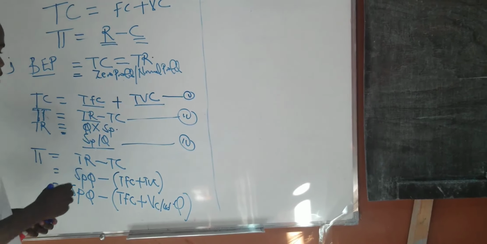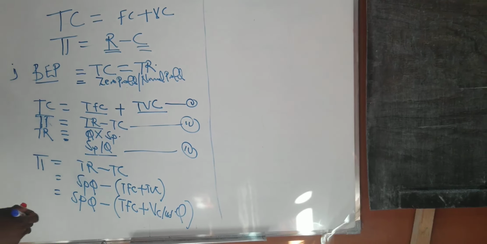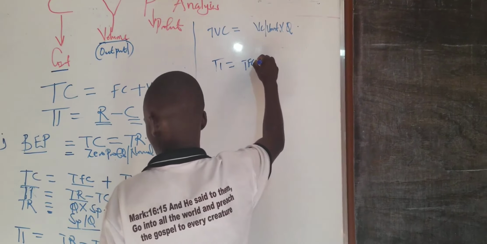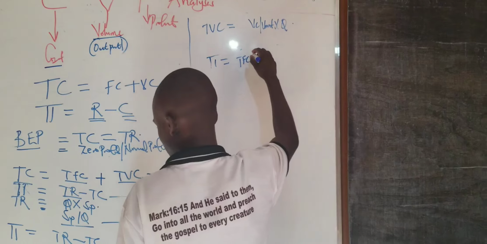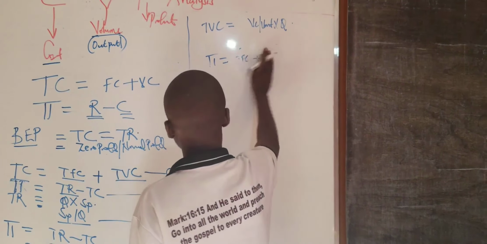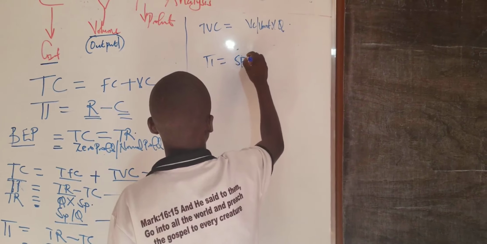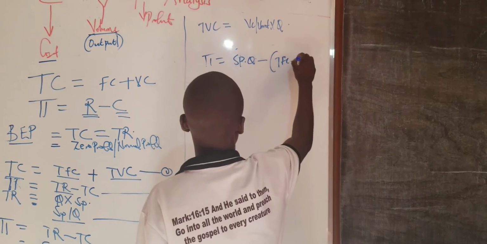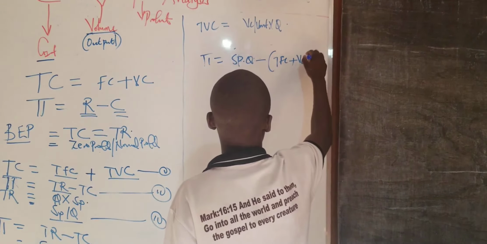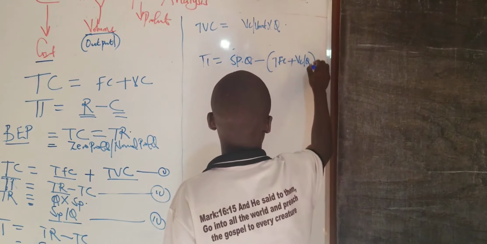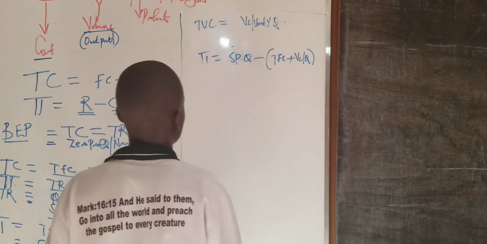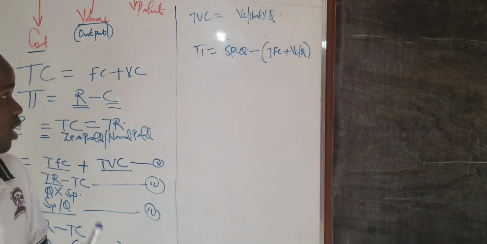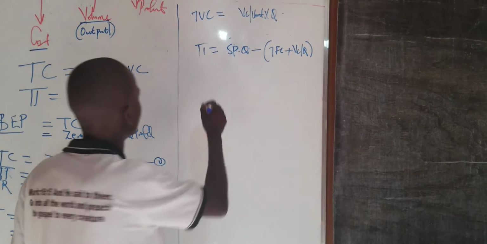So we are trying to derive the BEP point. Therefore, I have profit equals selling price times quantity minus (total fixed cost plus variable cost per unit times quantity). Now what are we going to do? We are going to open the brackets first.